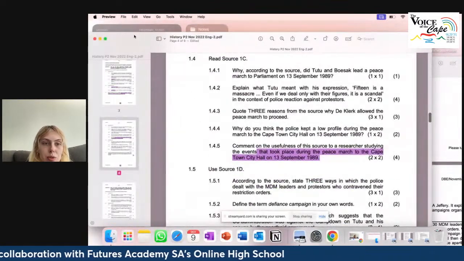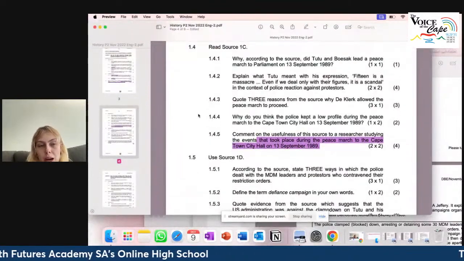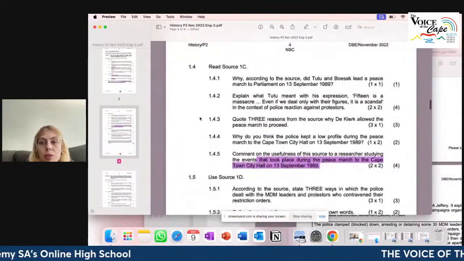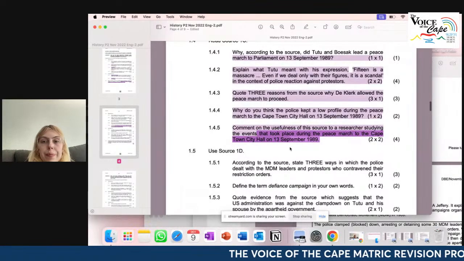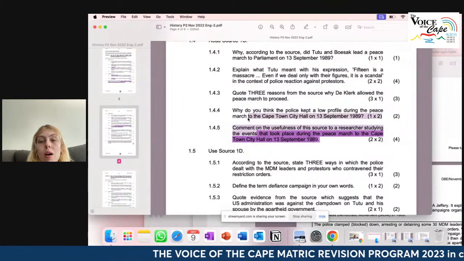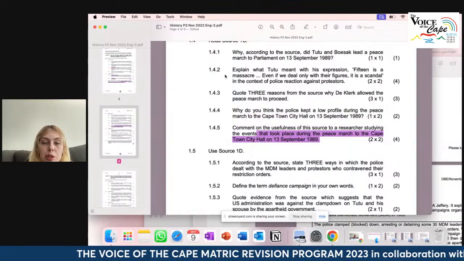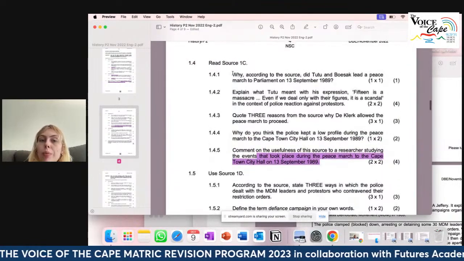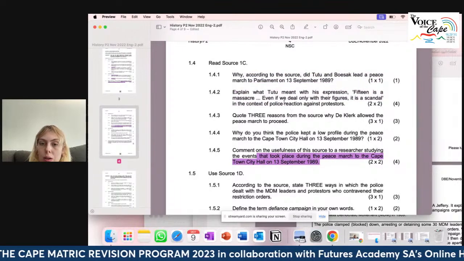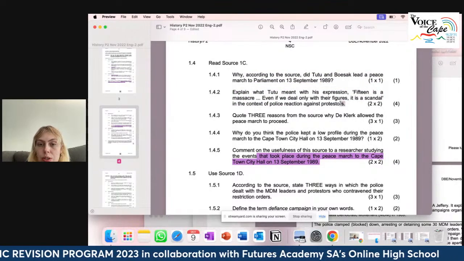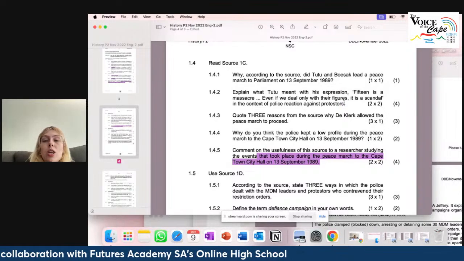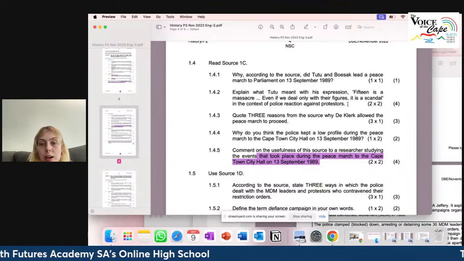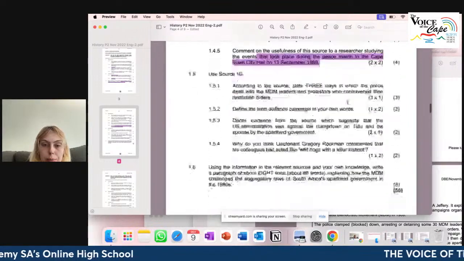If you read these sources without the context and background that your notes provide, it wouldn't make sense. So there are instances where you have to add your own knowledge. But with the source base, a lot of the time the answer comes out of the source. You just need to be able to understand the source to answer the questions, and you won't be able to understand the source if you haven't covered the content in your textbook.